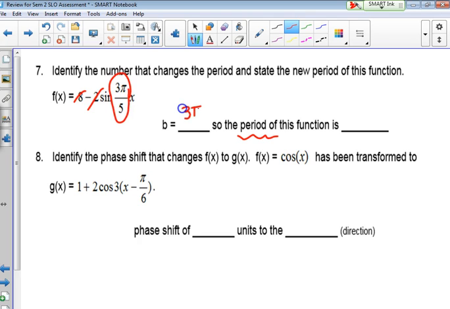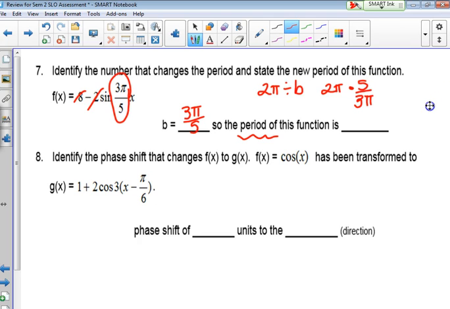That's B. I'm not really grading you on whether you found B. I'm grading you on whether you can find the period. Do you remember how that works? It's 2 pi divided by B. So it's 2 pi times the reciprocal of this, because we got to flip it over.